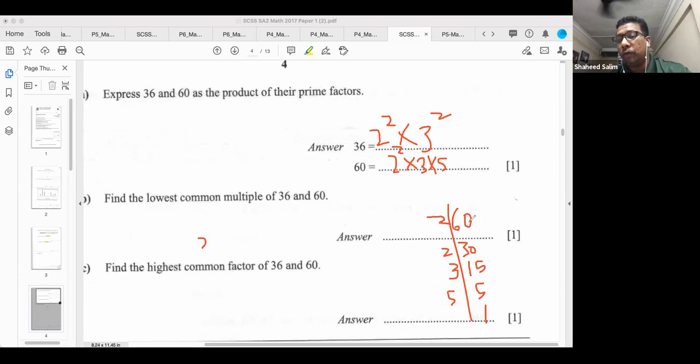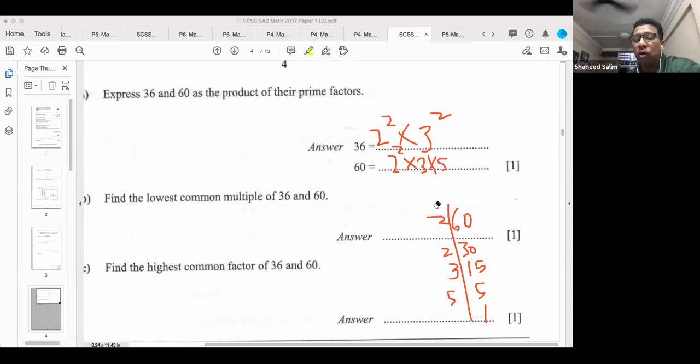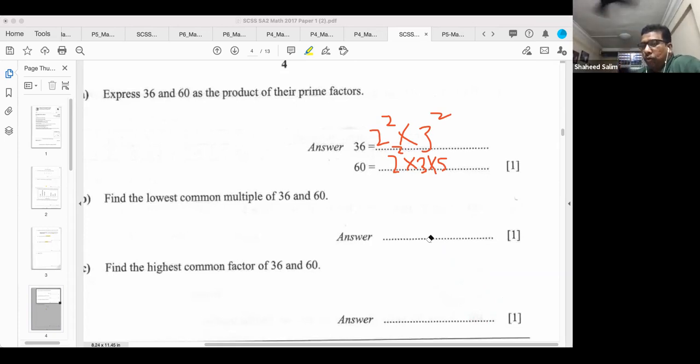Are you okay? You know how to do this? Okay. So now, you know how to find the common multiple, lowest common multiple. In fact, sorry, I need to redo it. Okay, sure. So you try. You redo.